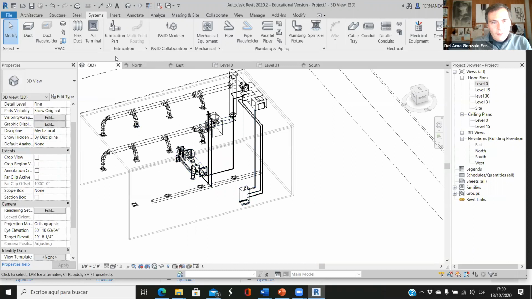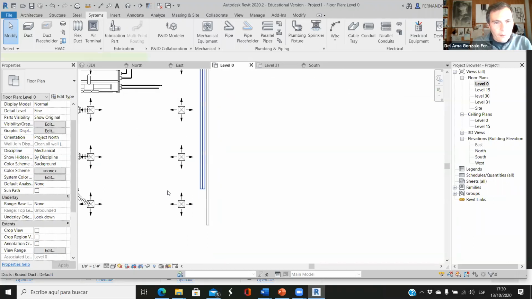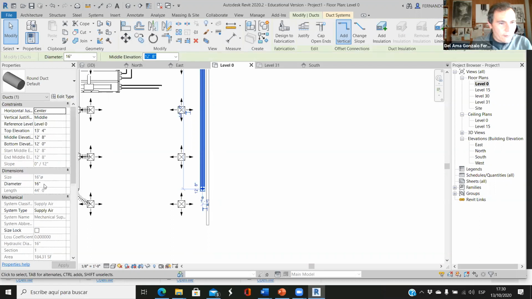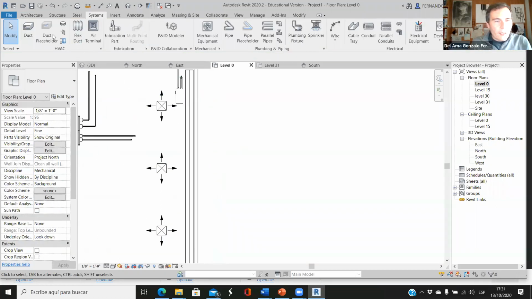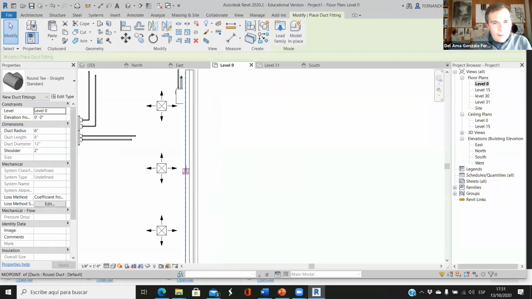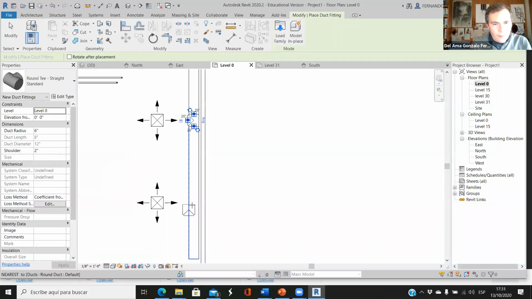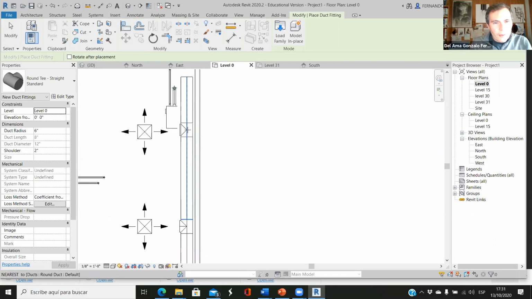And once we have this, we can insert, oh, by the way, that has to be 16. No, I want 20. And now we need fittings. We need that T here, another one here, and another one there.